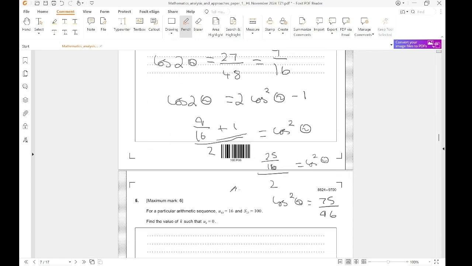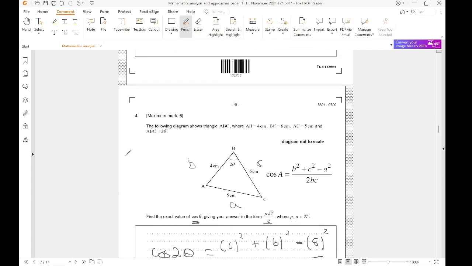So cosine squared theta is equal to 75 over 96. And then you square root, so cos theta is equal to the square root of the entire thing. And then you simplify this. When you try to simplify this, it can simplify into 25 over 32.